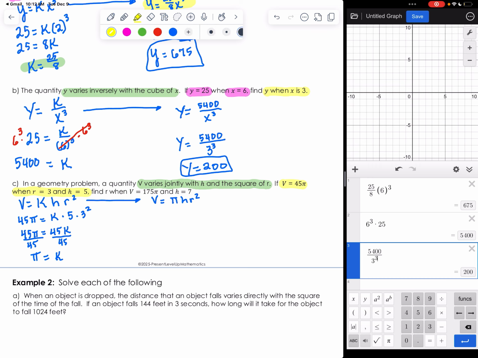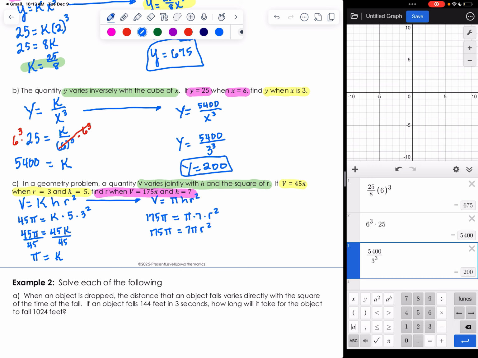So the final question we want to know is find r when v equals 175 pi and h equals 7. So I'll put a 175 pi for the volume, and then pi times 7 times r squared. So 175 pi equals 7 pi r squared.